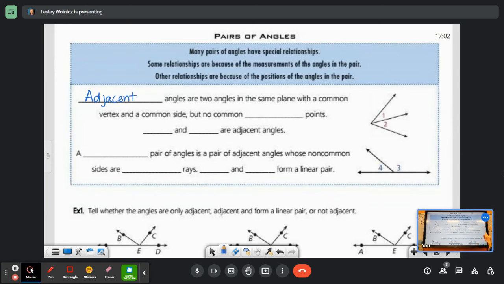Adjacent angles are two angles that are in the same plane and they have a common vertex right here. They have a common side, but they have no common interior points.